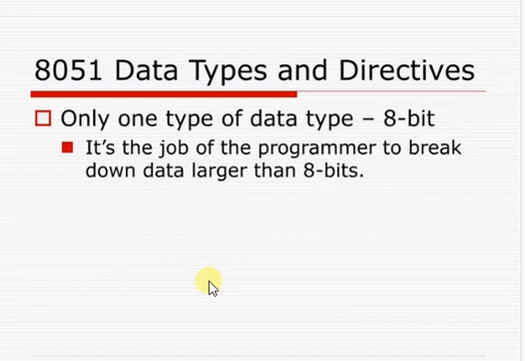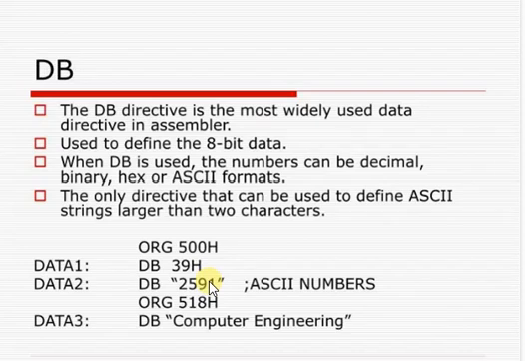8051 data types and directives. Only one type of data is used in 8051, that is 8-bit. It is the job of the programmer to break down data into 8 bits if you have larger data. The DB directive is the most widely used data directive in the assembler, used to define 8-bit data.